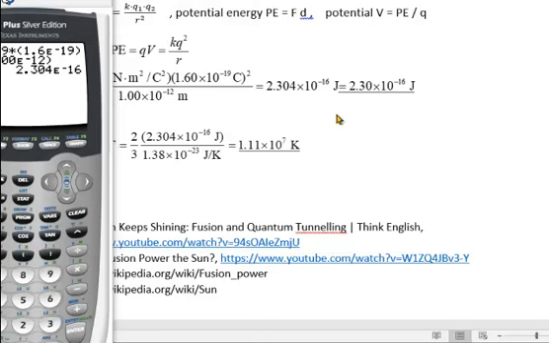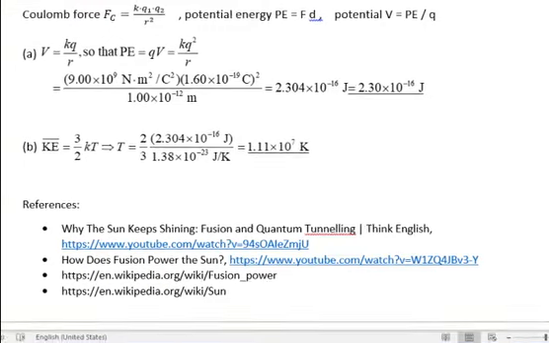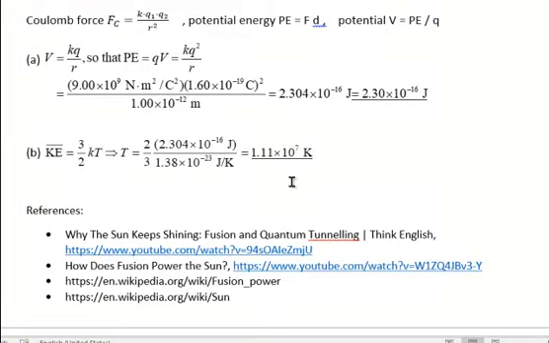By the way, the force between them, that would have to be divided by the distance again. So divide this by another 10 to the negative 12 meters, and so I would come up with 10 to the negative 4 newtons.